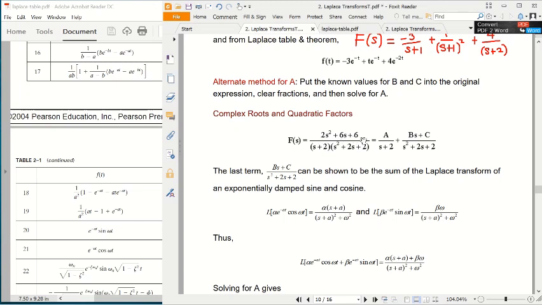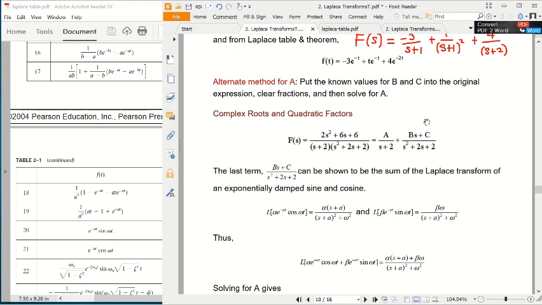But for this part, the quadratic factors or complex roots, the ones that you cannot factorize unless you end up with complex conjugate roots, you have to express it in terms of something like this, Bs plus C divided by that.